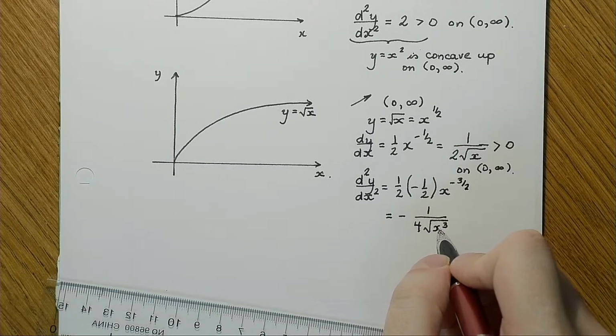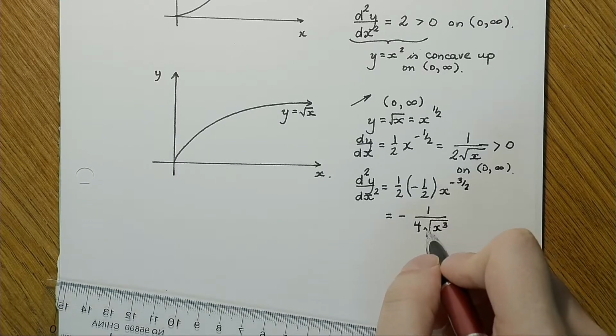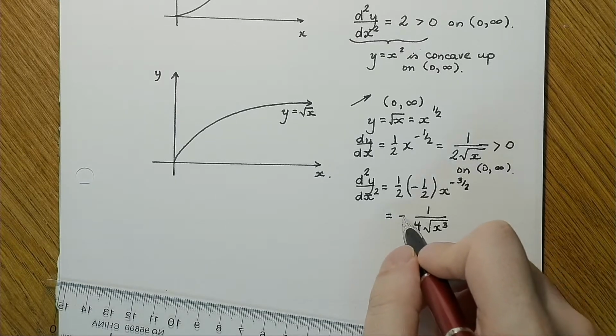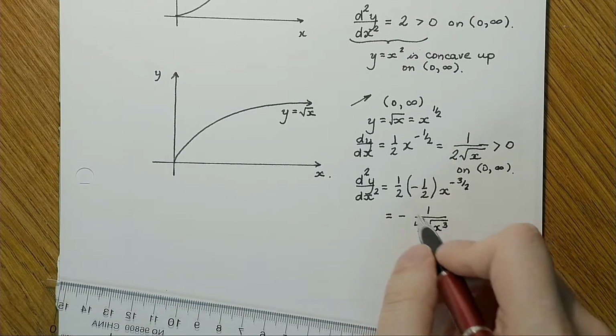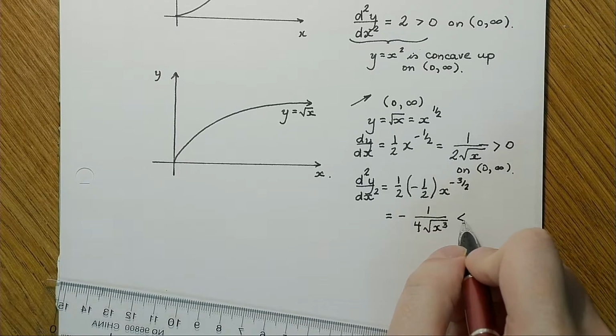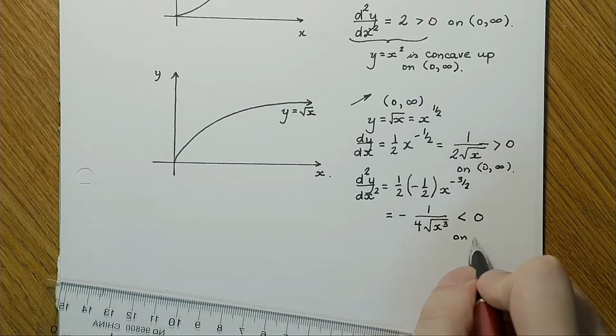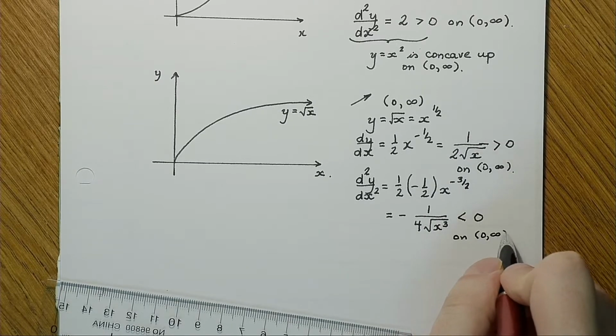Again, we're looking at the interval for x from 0 to infinity. So again, this is positive, this is positive, this is still positive, and then we have that negative. That negative will make the whole thing negative, so it's less than 0 on 0 to infinity.